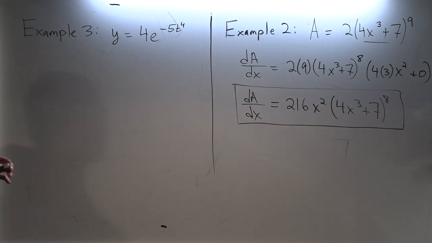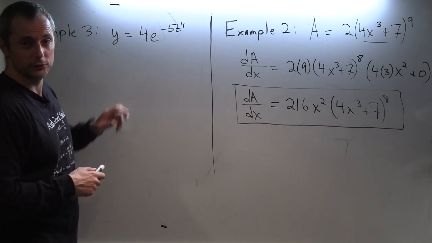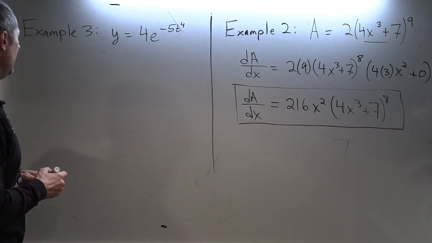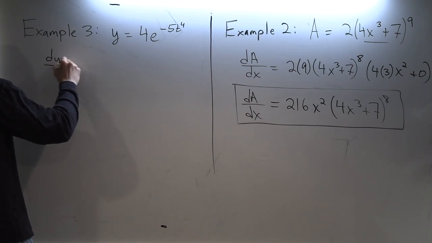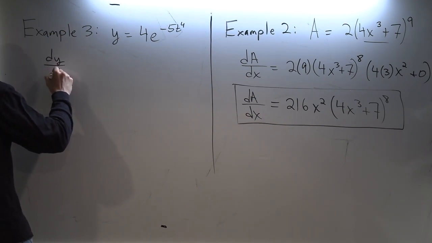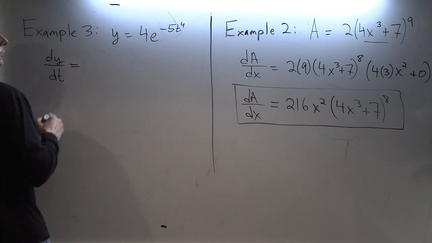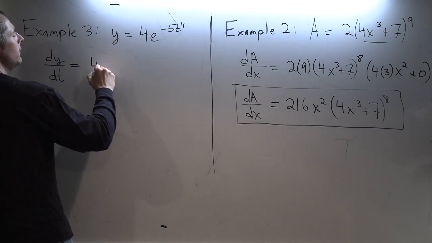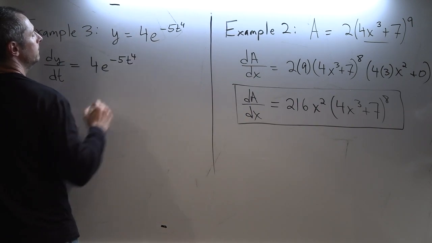Okay. So again, I've got a function inside of the exponential function. I need the chain rule again. So now I could say dy/dt this time. It's a function of time, so I change from x to time. I'm taking the derivative with respect to the time. So the derivative of the exponential, once again, is just the exponential.